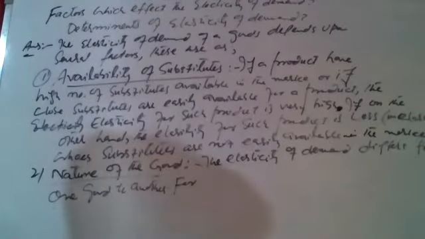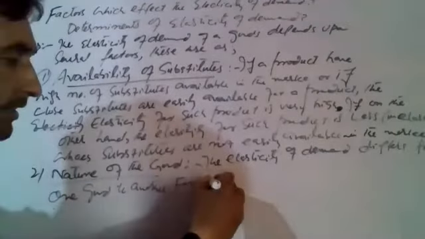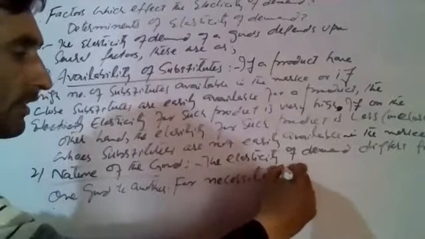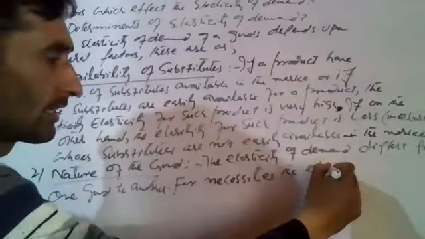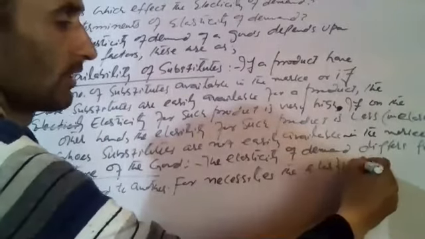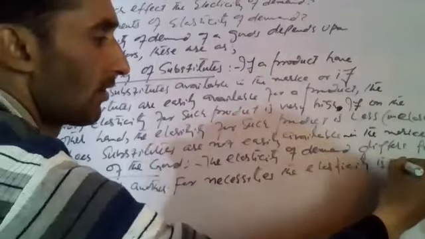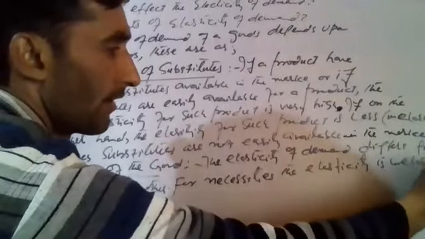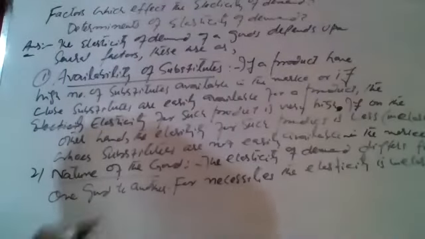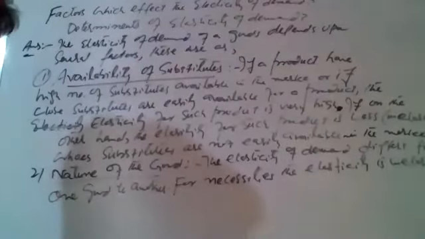For example, we consume necessities, we consume comforts, luxuries, etc. For necessities, the elasticity of demand is less or inelastic. उनकी इलास्टिसिटी बहुत कम है. अगर उनके प्राइस में बहुत ज्यादा चेंज आती है, उनके डिमांड में उतनी ज्यादा चेंज नहीं आती है.